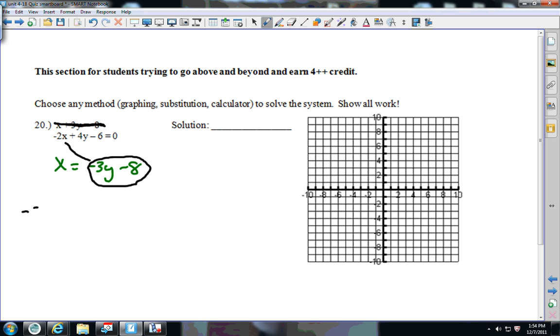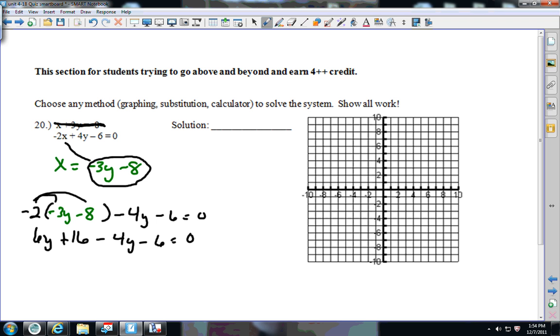So I have negative 2 times x, and instead x is negative 3y minus 8. Then write the rest of the sentence. Minus 4y minus 6 equals 0. Do the distributive property. 6y plus 16 minus 4y minus 6 equals 0.